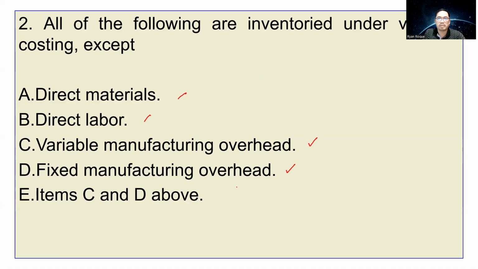So again, what are inventoried under variable costing? We are asking for the exception to the rule. So the answer is D. Because again, fixed overhead is expensed immediately, not inventoriable or not inventoried.